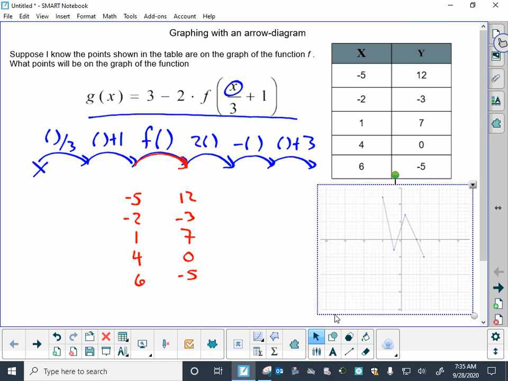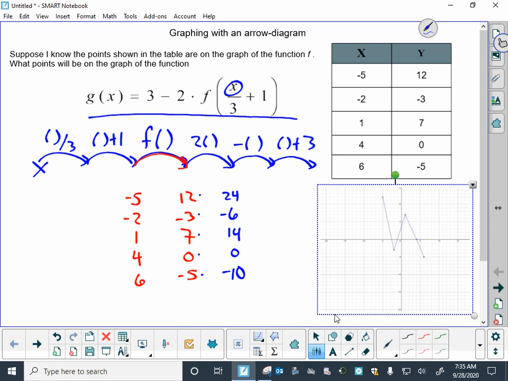Okay. Now, going to the right here, I've got a bunch of inputs here, the 12, the -3, 7, 0, and 5 that are at the input side of this multiply by 2 arrow, so I'm just going to multiply them by 2. This becomes a 24, this becomes a -6, 14, 0, and -10.